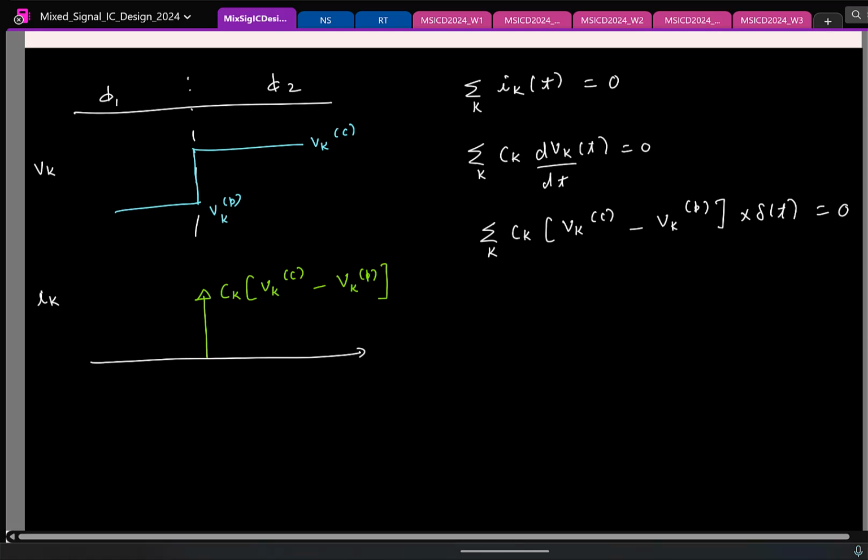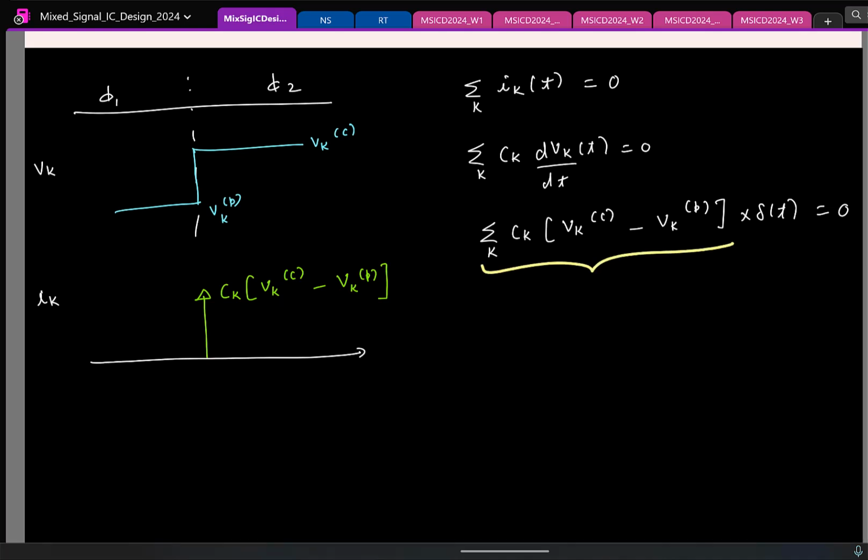Now of course, you don't worry about the delta of t, you don't consider it, and equate only this term to 0. This basically is summation over k of delta qk. So that's saying that I have summation over k of Ck times the voltage in the current clock phase, the same as the voltage in the previous clock phase.